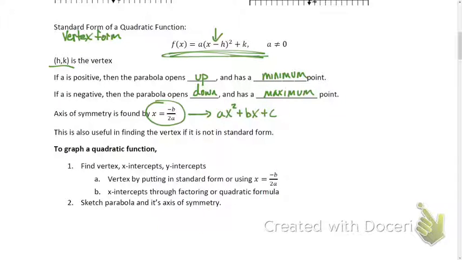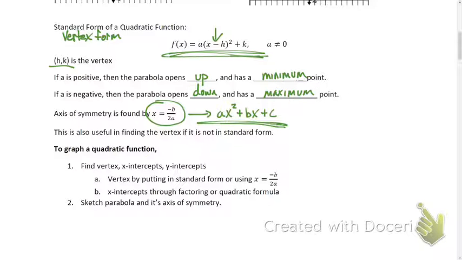You can see the vertex. But if it's all simplified, like I wrote down here, then x equals negative b over 2a is a nice quick way to find the x value of the vertex. Otherwise, you got to complete the square, or I guess you could type it into a calculator and look at the graph, but depending on the type of parabola, how complex it is, it may not be easy to see.